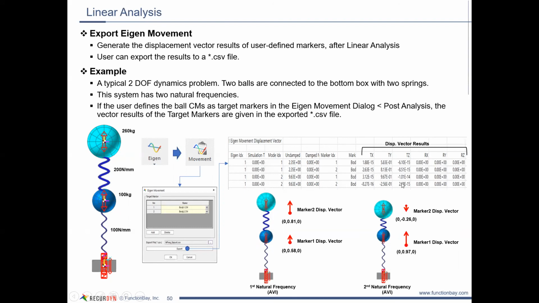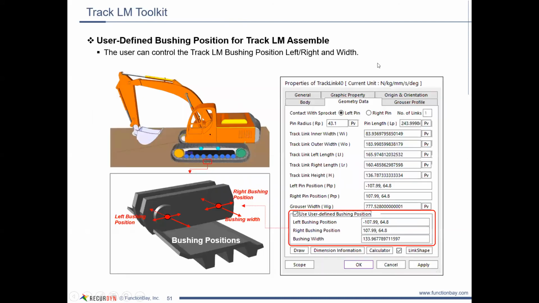What we can see here is the translations in the X and Z direction are essentially 0, but you can now see what the Y translation is for the different modes. So that can be very useful for passing along the information for other uses.